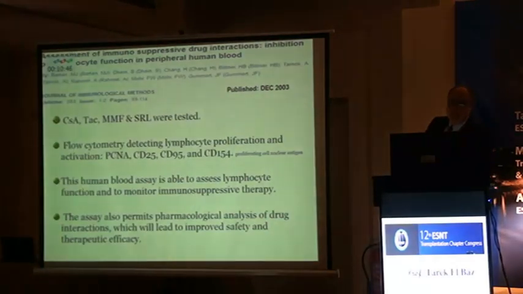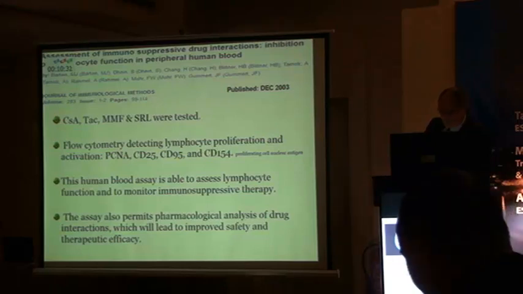This human blood assay is able to assess lymphocyte function and to monitor immunosuppressive therapy. The assay also may permit pharmacological analysis of the drug interactions, which will lead to improved safety and therapeutic efficacy.